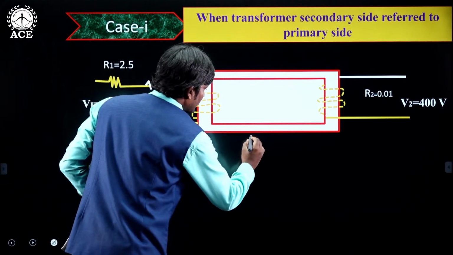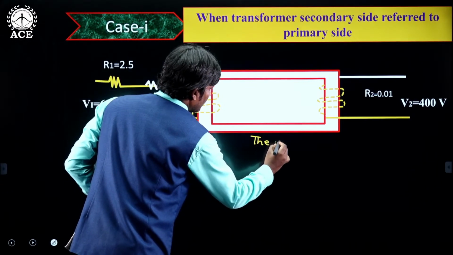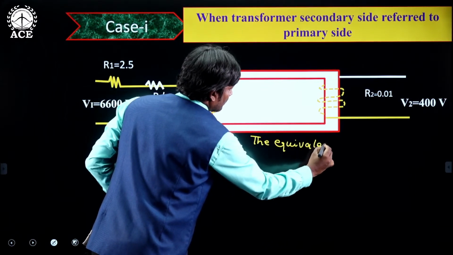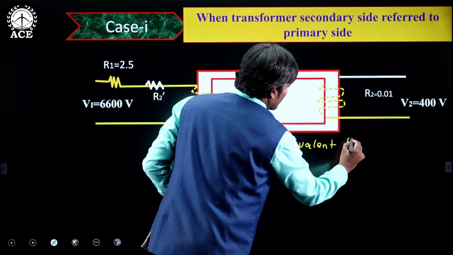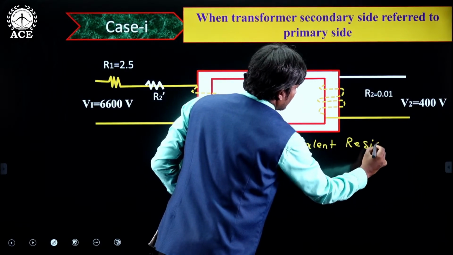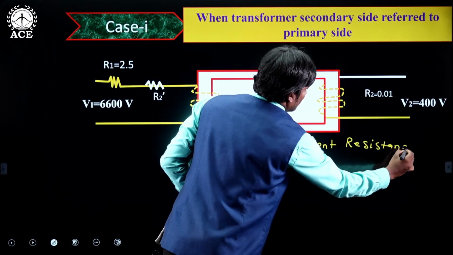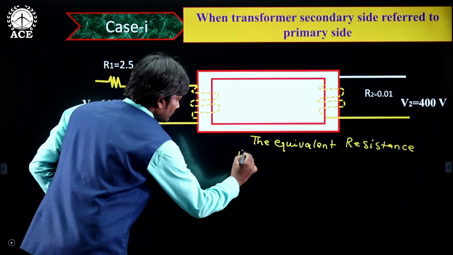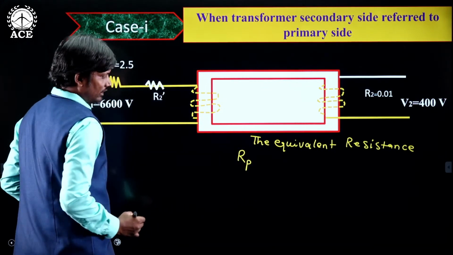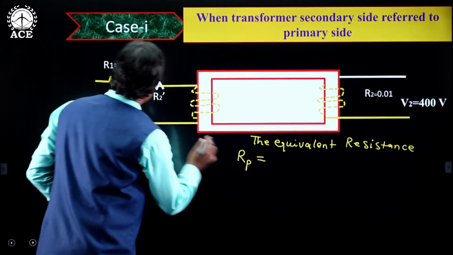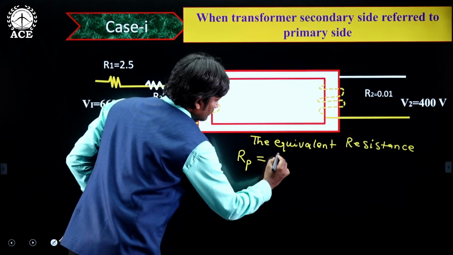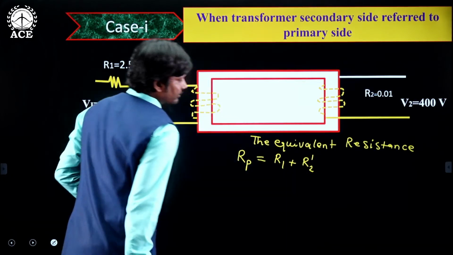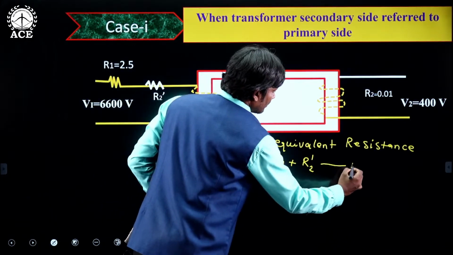The equivalent resistance Rp, primary side, is equal to R1 plus R2 dash. Suppose this is our equation number 1.